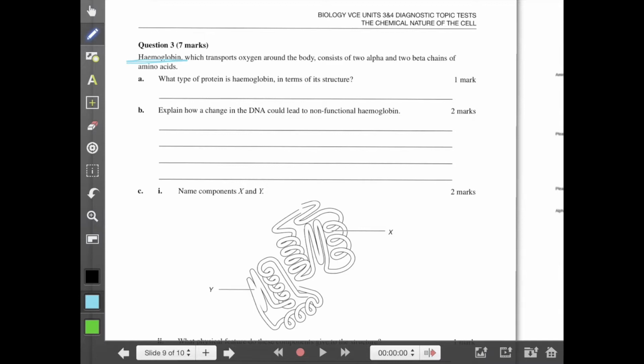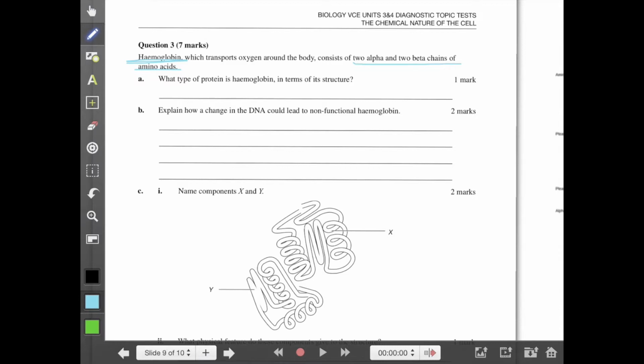A quaternary structure is one that has 2 or more polypeptide chains. Remember, it's not proteins, it's polypeptide chains. So the hemoglobin consists of 2 alpha and 2 beta chains of amino acids.